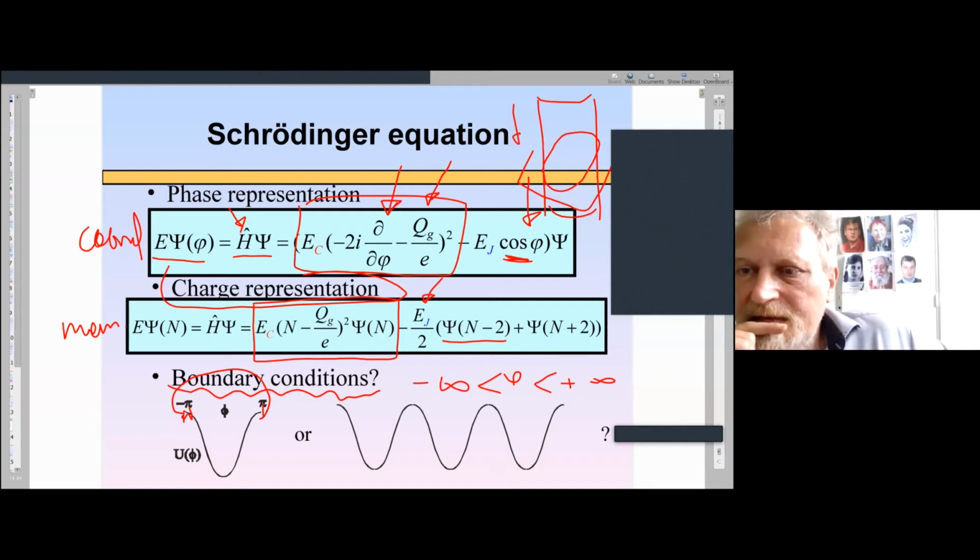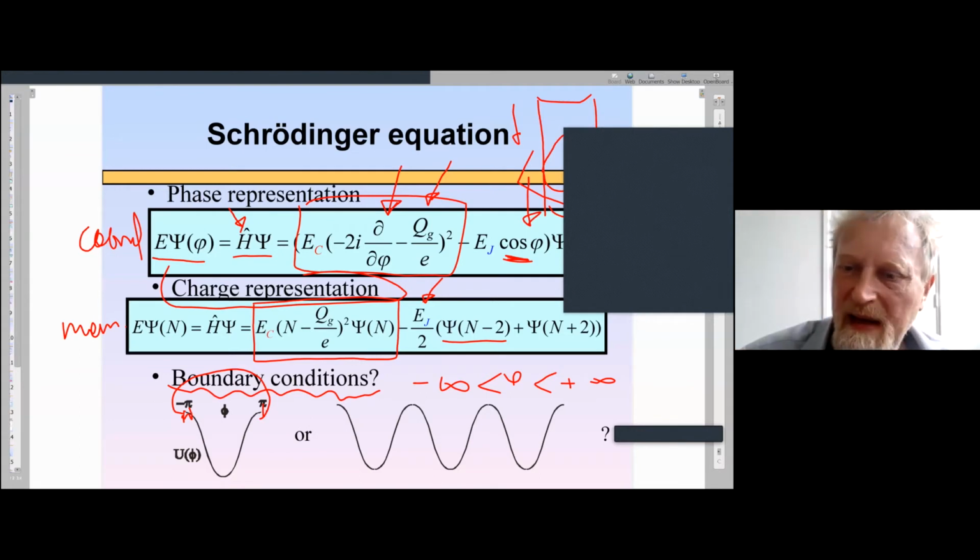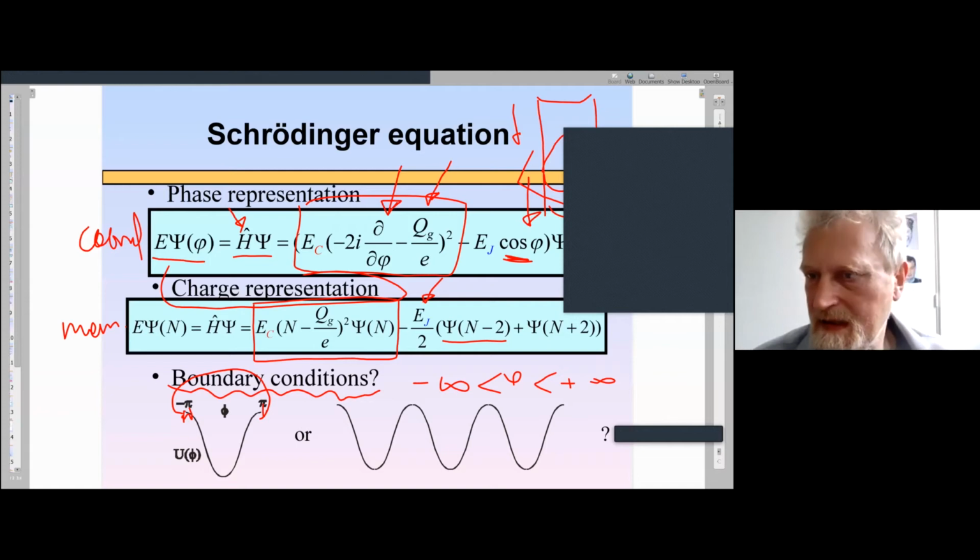Question: can we understand the first excited state as a state with an extra Cooper pair on the island? Yes, one can say so. So it's about the basis in this charge representation.